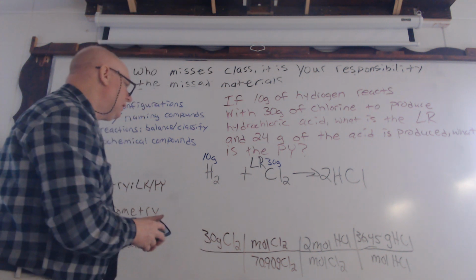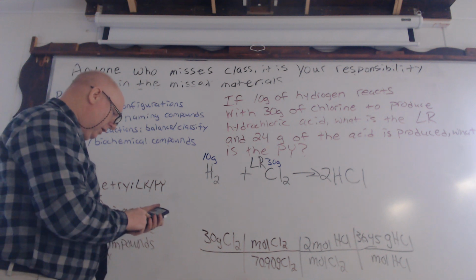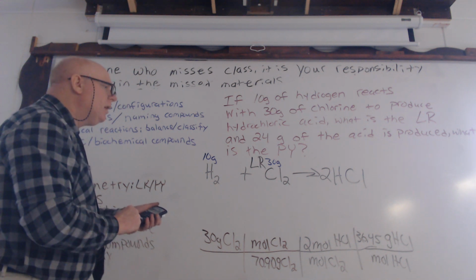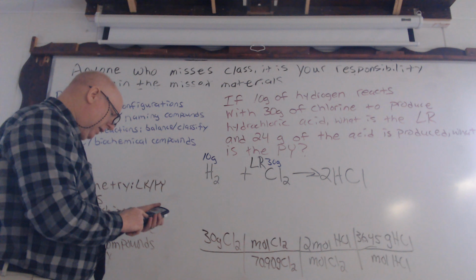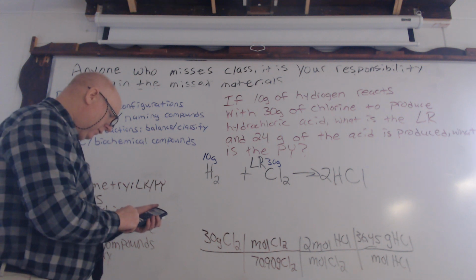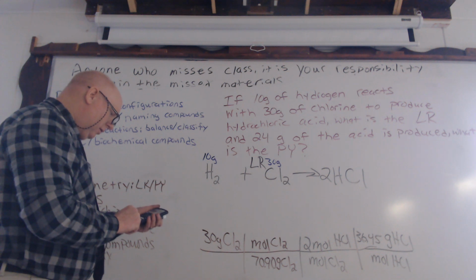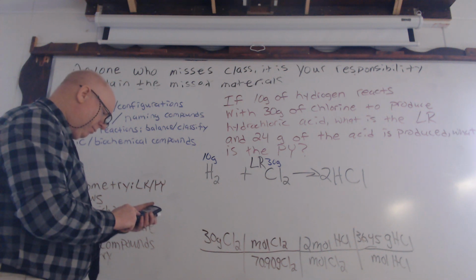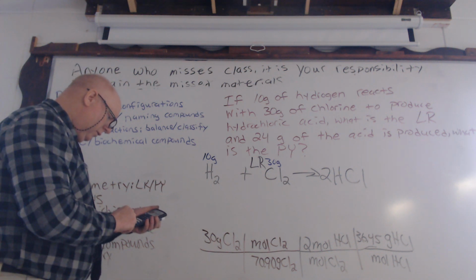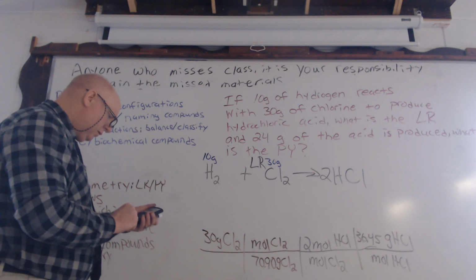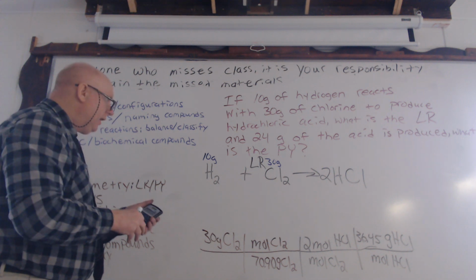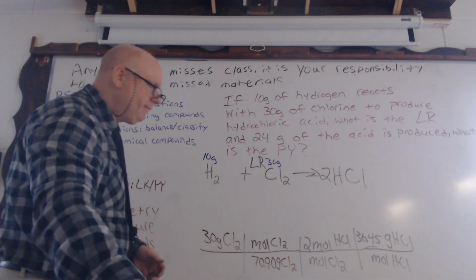So now it looks like 30 times 2, that gives us 60, times 36.45. Okay. And then divide that by 70.90. That gives 30.84.